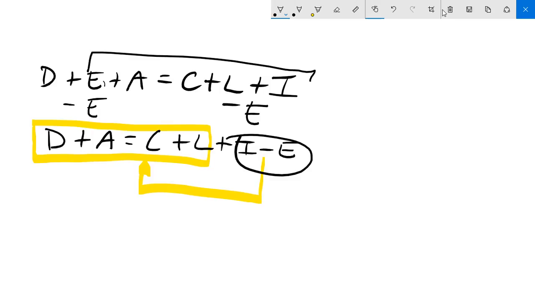We move D over to this side because we want to take D away from C. And we move L over to this side because we want to compare the assets, what the business owns, with what it owes.